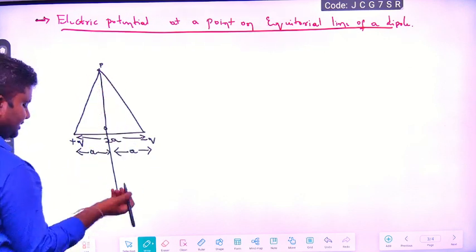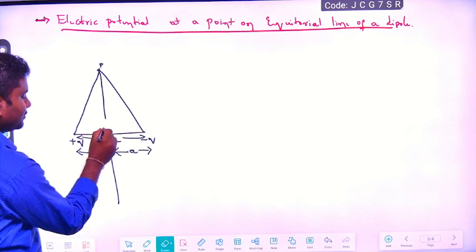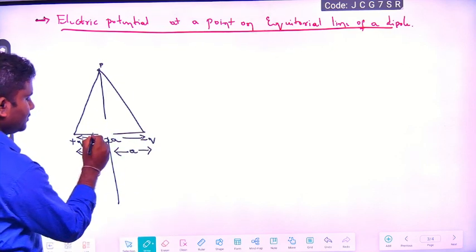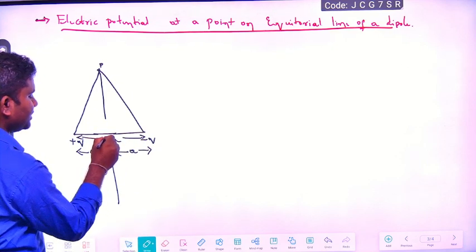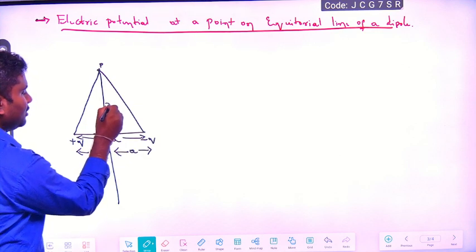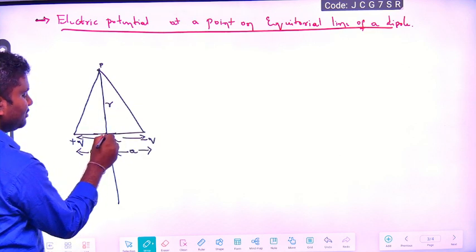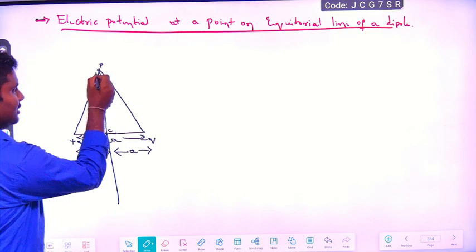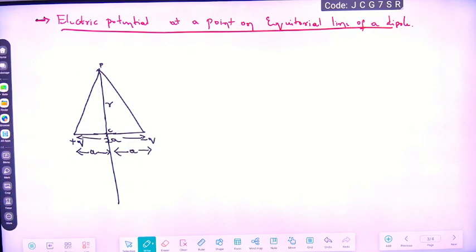The point is at a distance r from the center C.